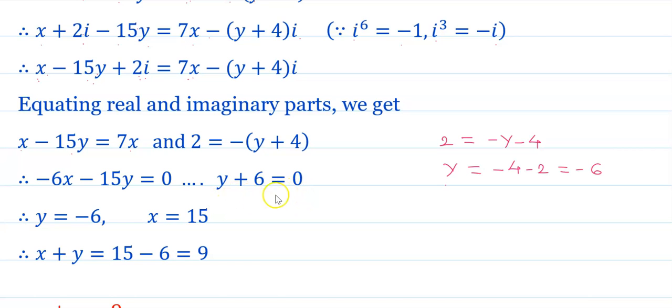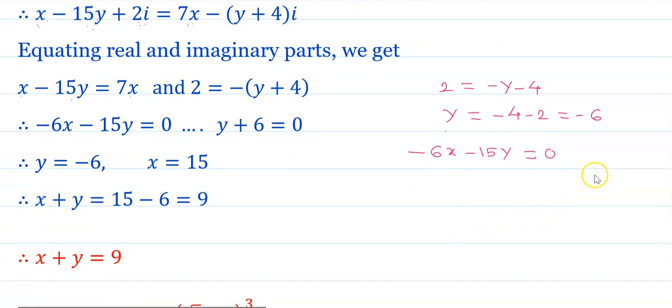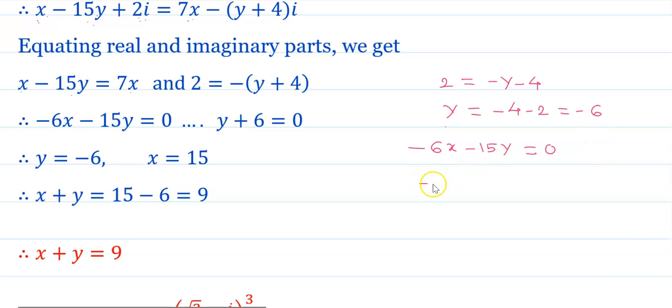This is the first one. Next, minus 6x minus 15y. Substitute the value of y. आता हे देखील आपण evaluate करणार. Minus 6x and minus 15y is equal to 0. The value of y is minus 6. Okay.